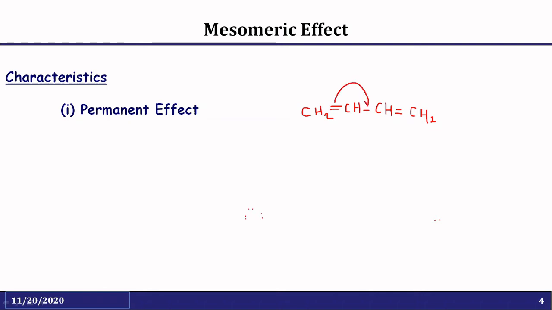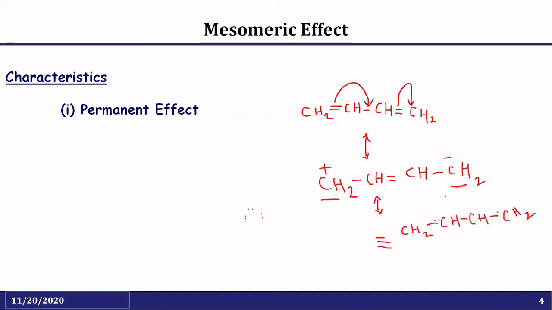The displacement of electrons happens like this. Due to this displacement, charge separation occurs, so it develops CH2 plus here and minus here. This undergoes resonance, so sometimes this carbon will carry a negative charge and this carbon will carry a positive charge. Overall, the resonance hybrid can be written like this. This is called the resonance effect.